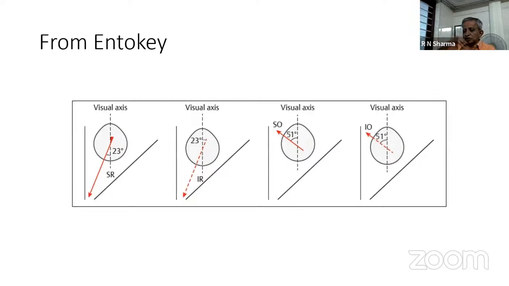Because it is superior oblique, it runs posteriorly and outward to get inserted into the posterior superior outer quadrant. Again, it is an outer quadrant, in the posterior part, the superior part. So the insertion is at the posterior superior outer quadrant.